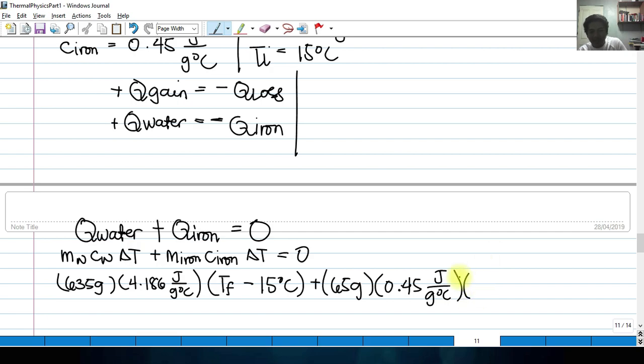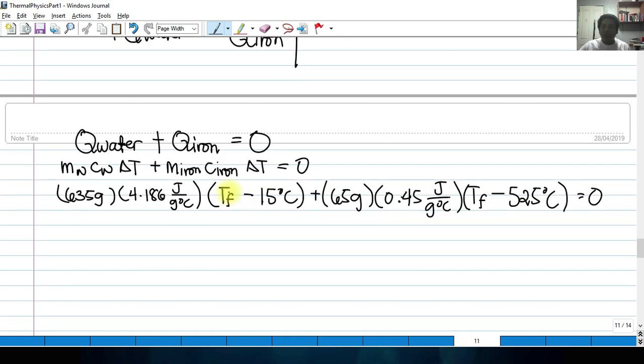And the delta T we don't know, that's the final temperature minus the initial temperature of the iron, and that should be equal to 0. So this requires a lot of algebra. So what we are going to do is multiply these two, 635 times 4.186, and we should get a value of 2658.11.